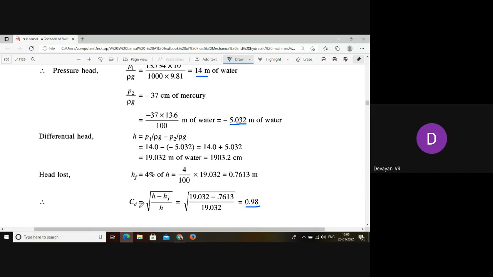But if they have given the head loss as a percentage, you can calculate the coefficient of discharge by using the formula root of (H minus HF) by H.